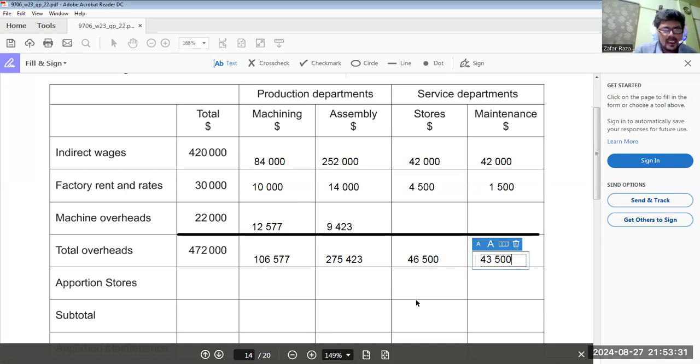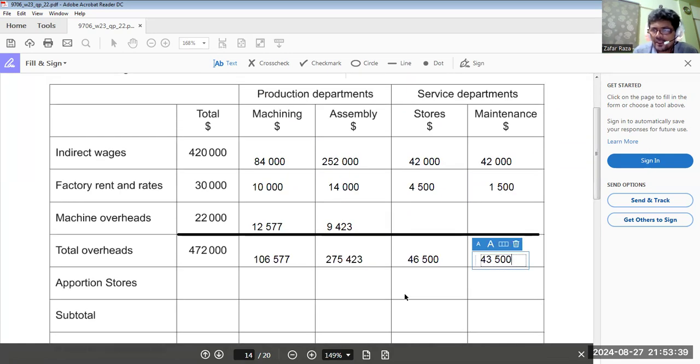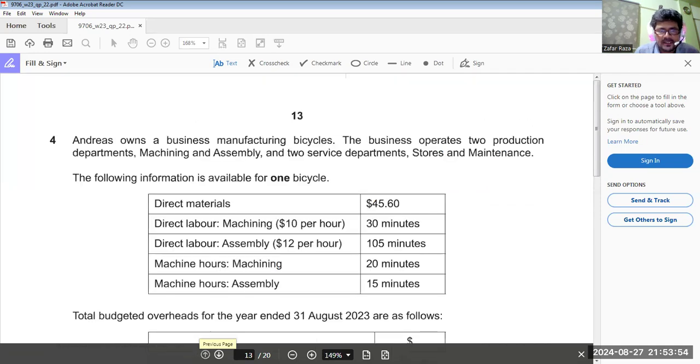Now, we have to reapportion the stores cost to these two production departments, which are our cost centers. Always remember, service departments are not cost centers. So we have to reapportion the cost of stores and maintenance to the two cost centers, machining and assembly departments. So how are we going to apportion stores?